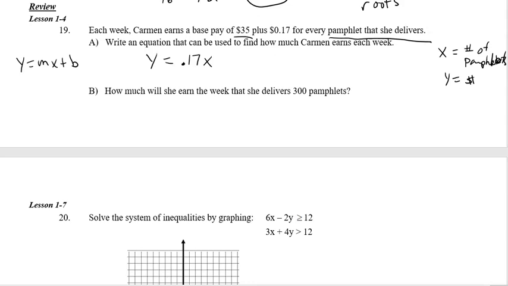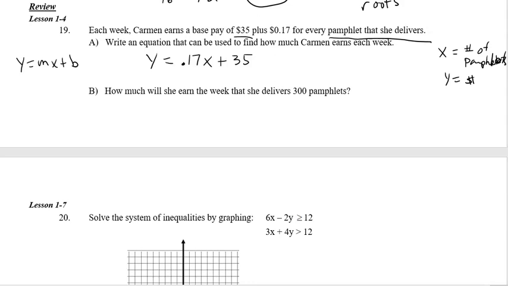Then we've got this $35, which is paid regardless of how many she delivers. More deliveries, more pay. Less deliveries, less pay. This is a constant. She delivers 1, she delivers 1,000, she's still going to get the $35. So there's the answer for part A.